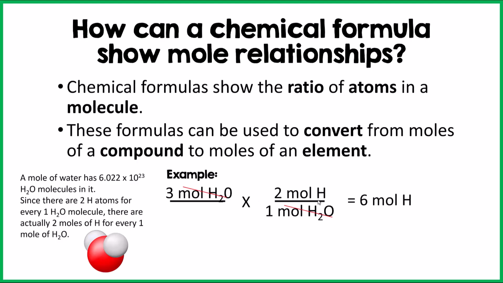So we cancel those out, multiply across, and we end up with 6 moles of hydrogen. So for every 3 moles of H2O, there are 6 moles of hydrogen, which makes sense because the ratio here is 2 hydrogen atoms for every 1 water molecule.